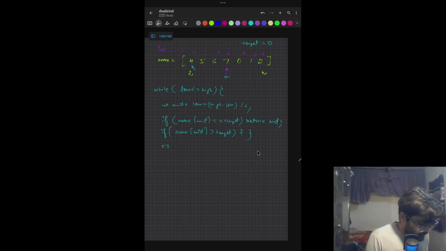If it is not, then the else case will run, and we have to go to this other position. We will check if the target is in between mid and high, so we will check nums at the position mid.